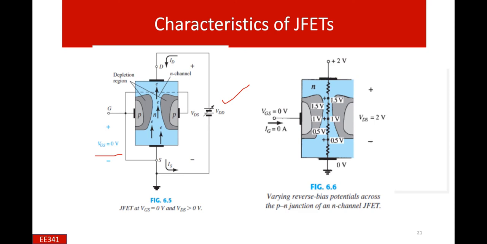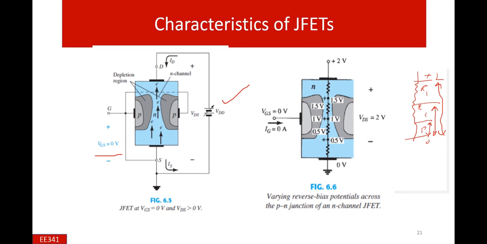And definitely if we are applying, for example, a series of resistances, R1, R2, R3, R4 and R5, and if we apply some 2 volt here and 0 volt here, so voltage between these two is different, and voltage between the lower end and this end is different, and similarly voltage between the lower end and this is the 2 volt. So definitely in this way we can model this one.